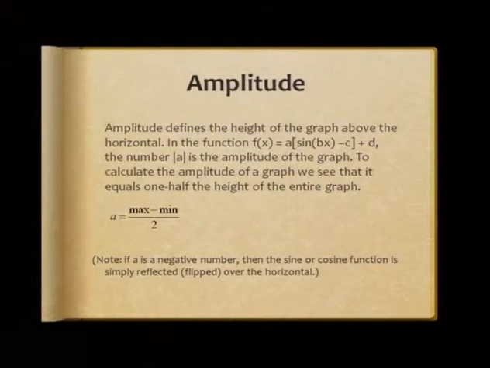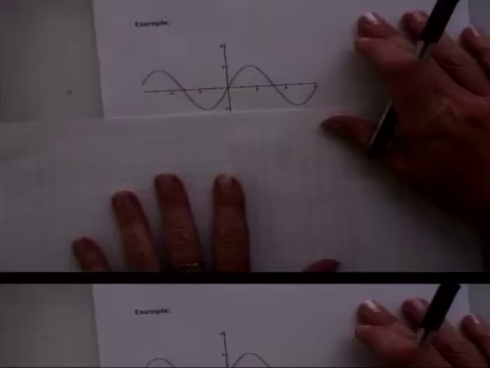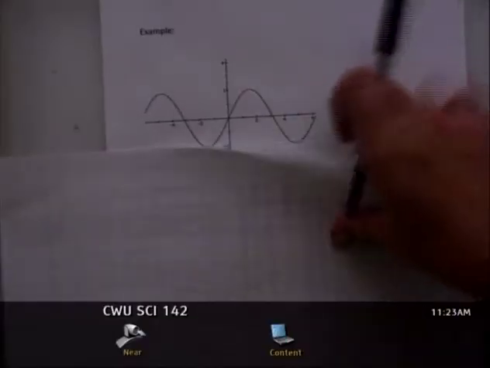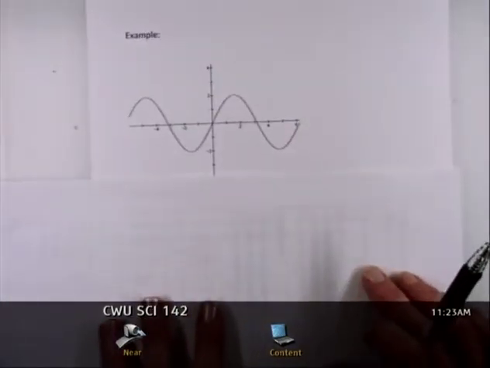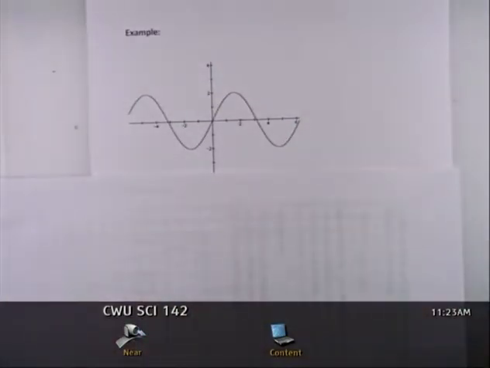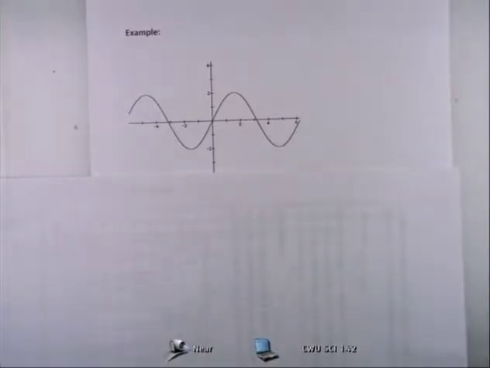All right, let's look at a picture on our dot cam of a graph and see if we can figure out the amplitude here. For a lot of graphs, you can simply look and say, how high above the horizontal is my graph?